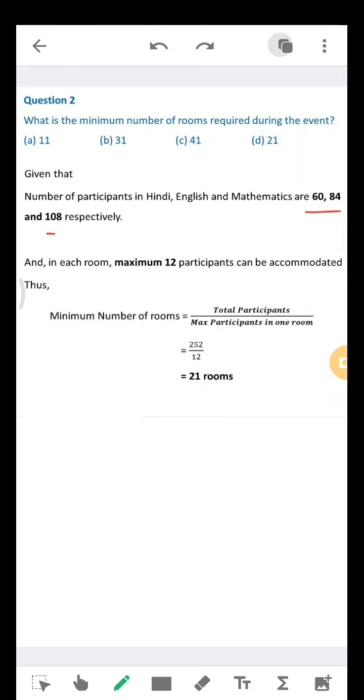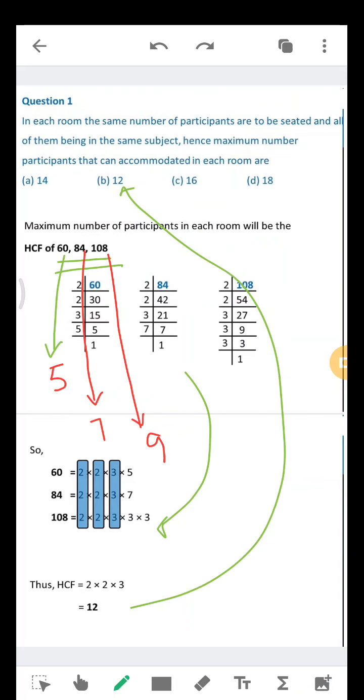Or you can do it the other way: 5 rooms for Hindi, 7 rooms for English, and 9 rooms for mathematics teachers. So 9 plus 7 is 16, plus 5 is 21. So total we need how many rooms?